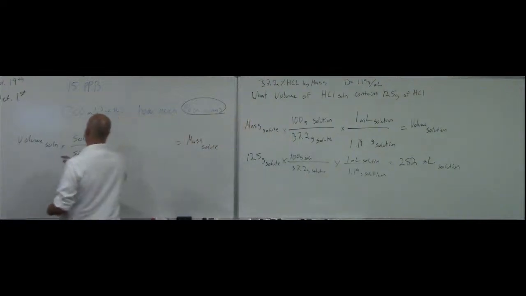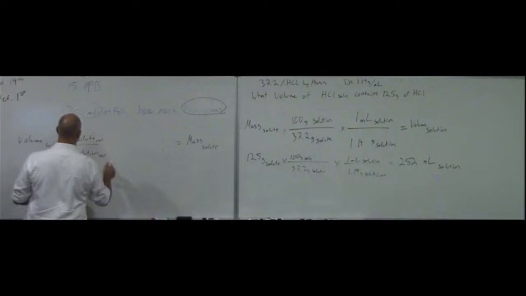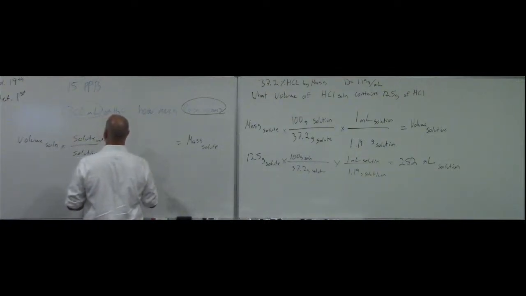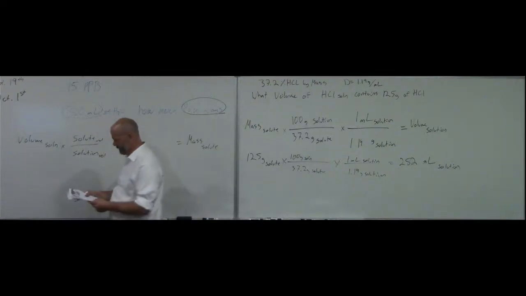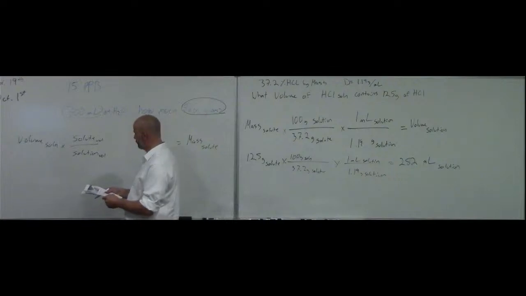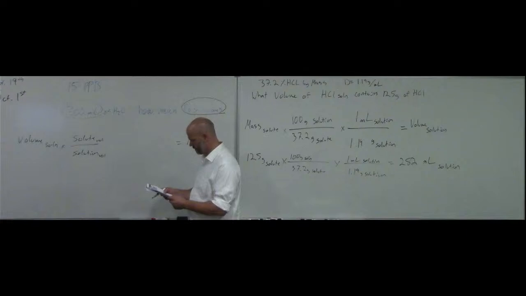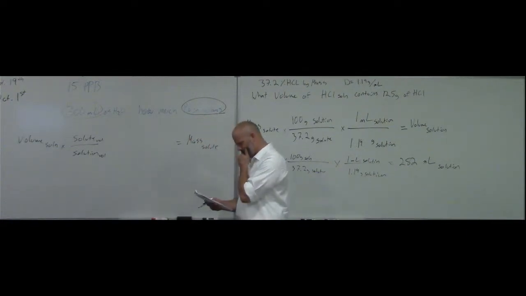Let's do this. I've got a volume of solution, I've got a volume of solute, right? This parts per billion is in mass, isn't it? No, actually, I think it might be volume.